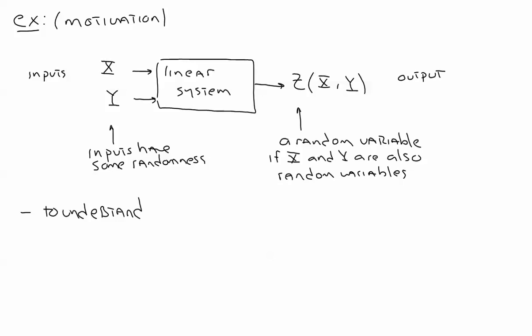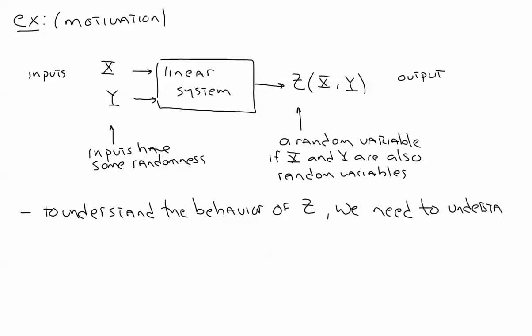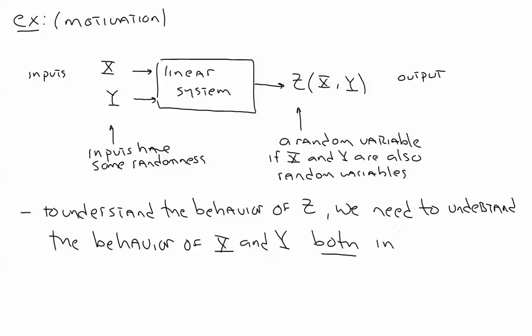To understand the behavior, and by behavior I mean its mean, its variance, its normalized power, standard deviation, those kinds of things, to understand the behavior of z, we need to understand the behavior of the random inputs x and y, both individually and jointly.